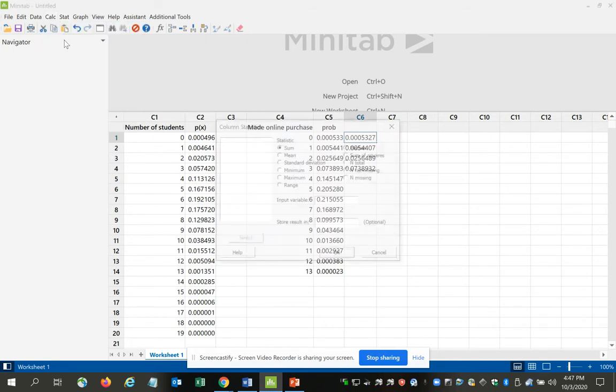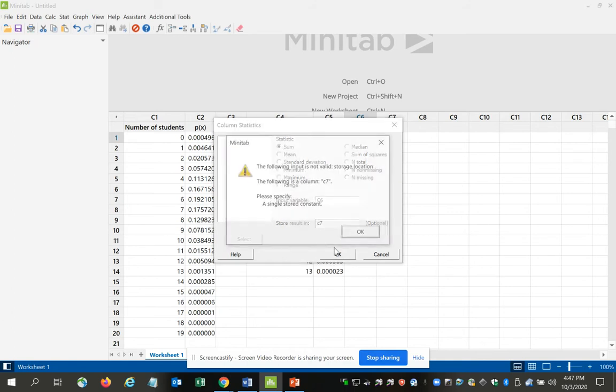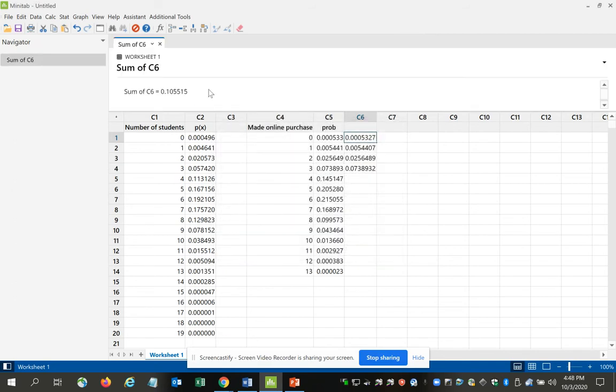I can tell it to do the column statistics, and I want it to add them together. Okay, and they're in column 6. Maybe I don't need to tell it to put the result in column 7. Just tell it okay, and it gives me the result.